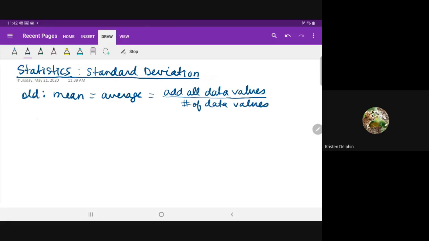Okay, so for example, let me show you the standard deviation at the same time. I'll start with example 1, and then I'll tell you how standard deviation works. You have these numbers: 3 feet, 4 feet, 5 feet, 6 feet, 7 feet.